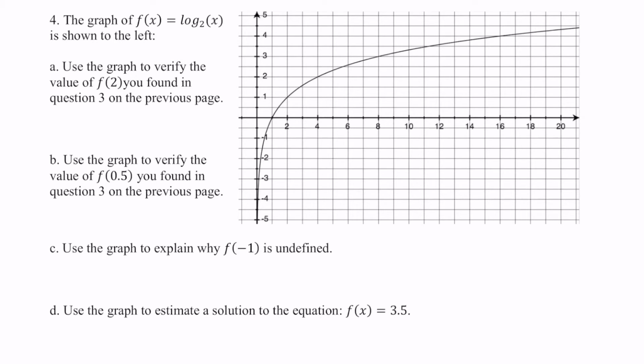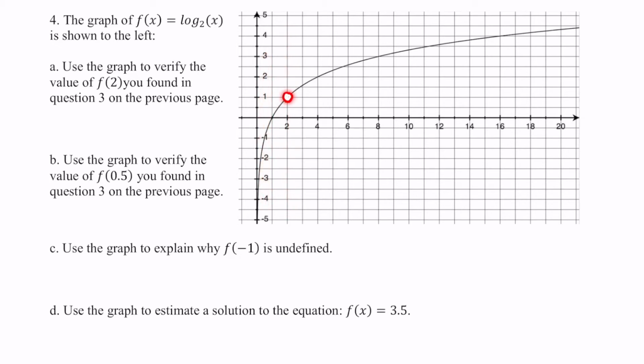So for part C, before we use this graph to explain why f of -1 is undefined, let's recap what we did for part A and for part B. For each of these, this value inside our function notation, we looked at where the vertical line intersected our graph. And that intersection point was the answer we were looking for.